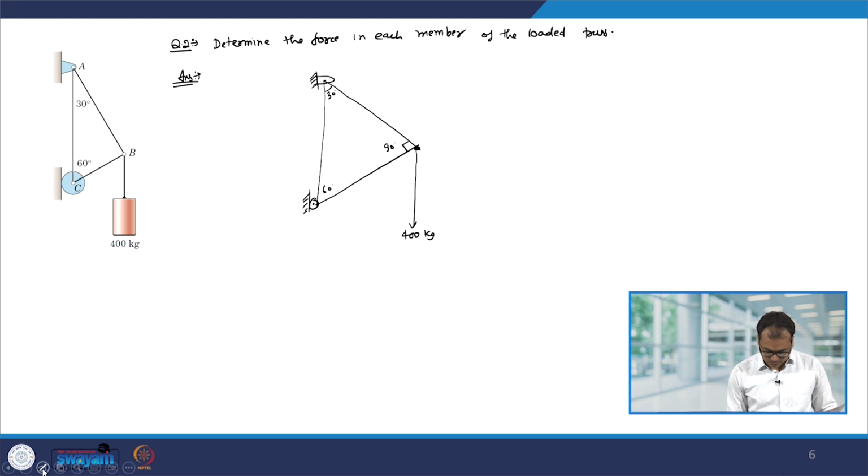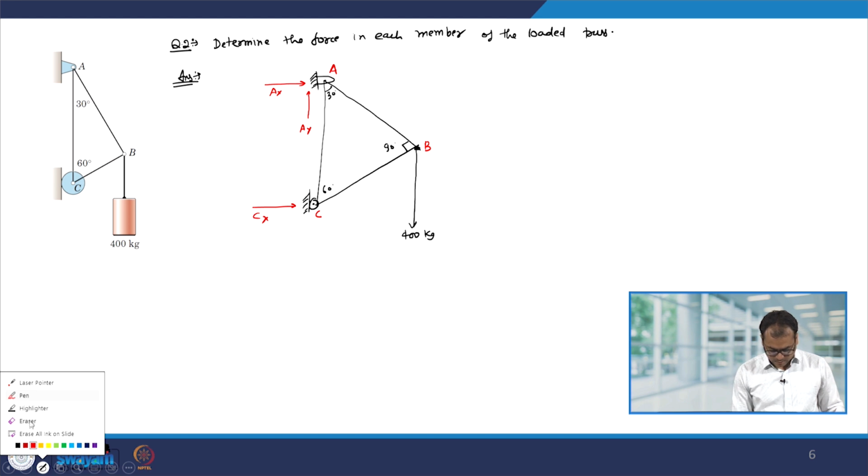Now, let us put the forces, the reaction forces. So, since this is a pin joint, we will have a force in the X direction and a force in the Y direction. Here it is a roller support. So, therefore, there will be only a force in the X direction. So, this point was A, this point was C, this point was B. So, let me put a force in the X direction. So, this makes the free body diagram.